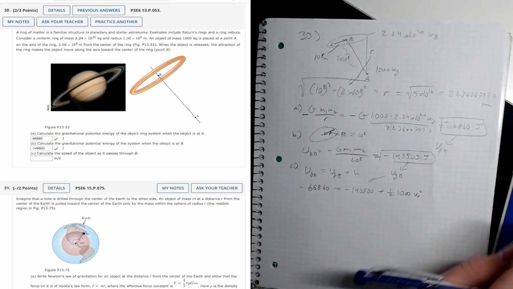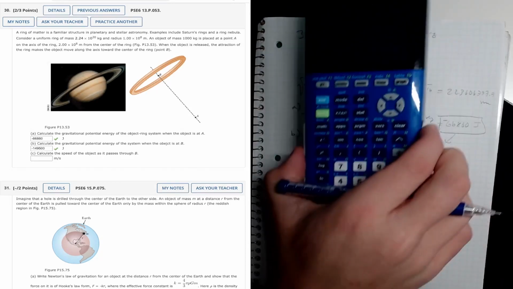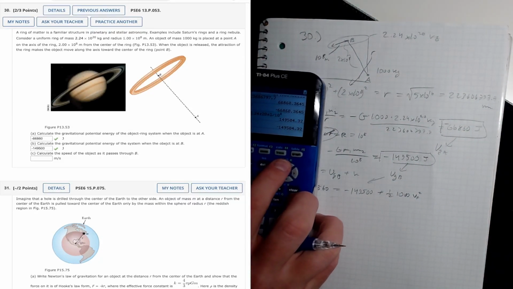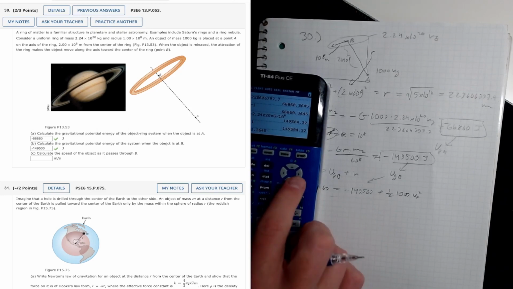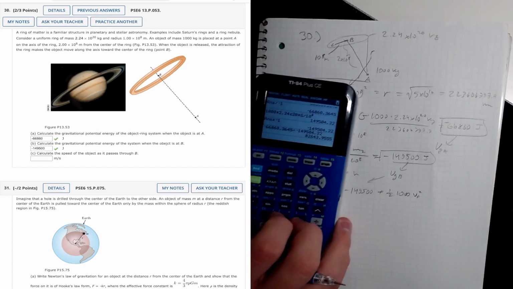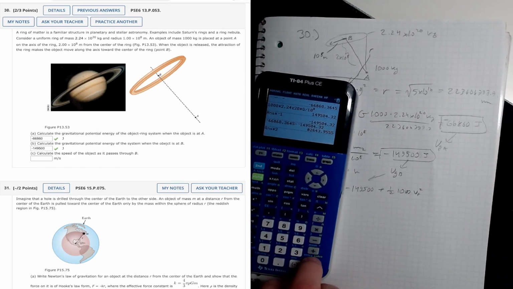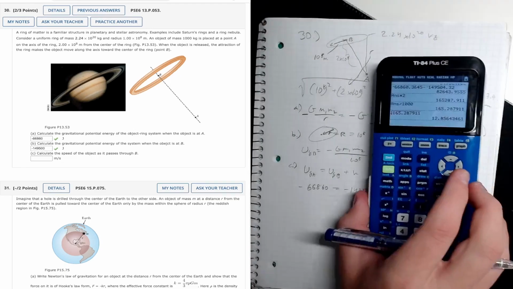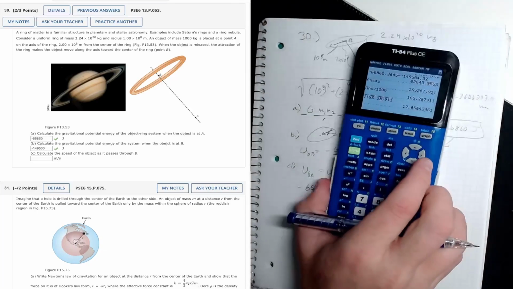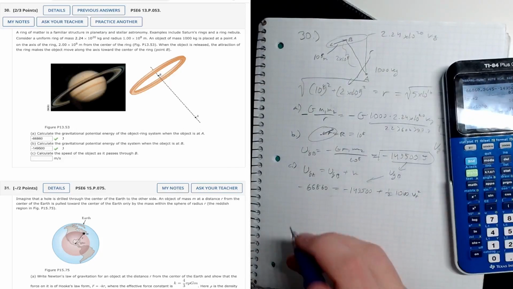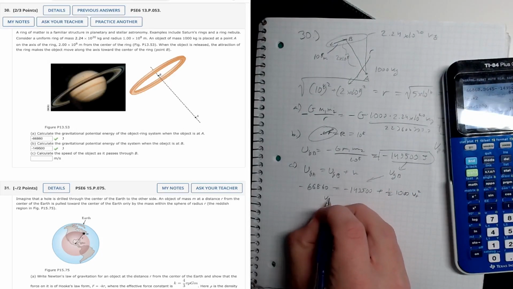Solve for v squared final, so we add this to that, this minus negative that, add them, bam, times 2, and then divide by 1000, square rooted, we get velocity final equals 12.9.